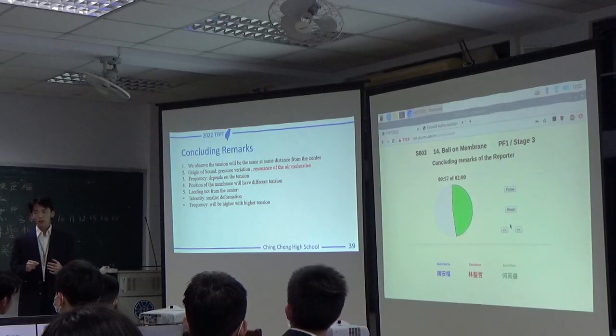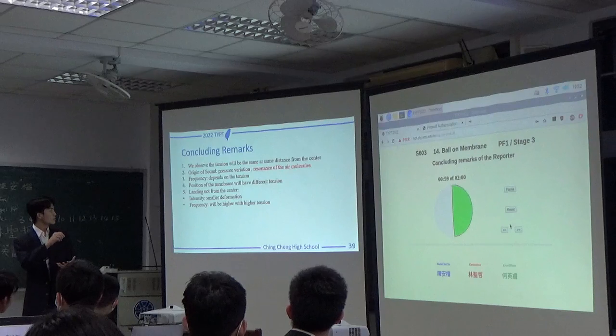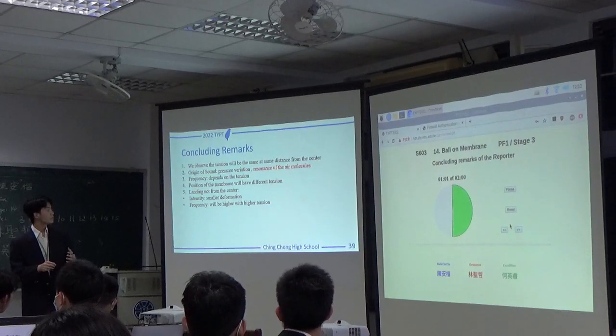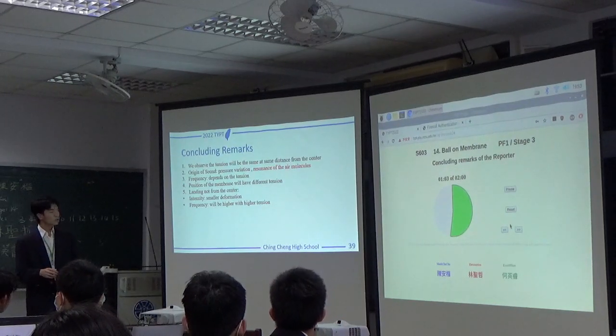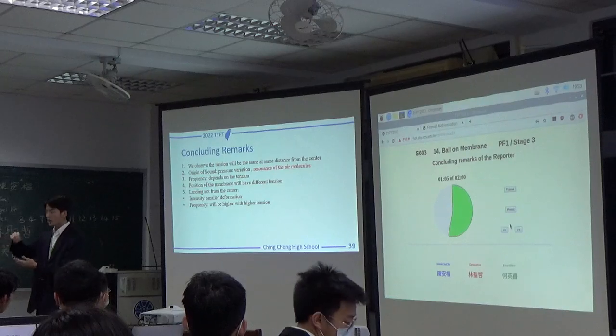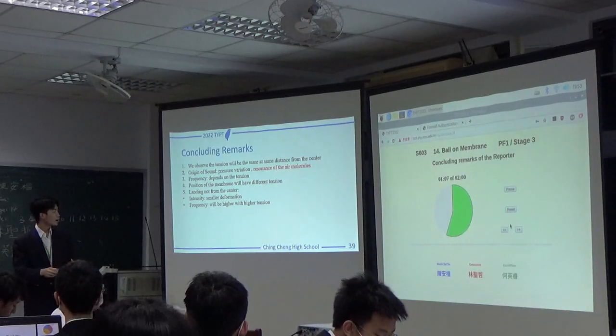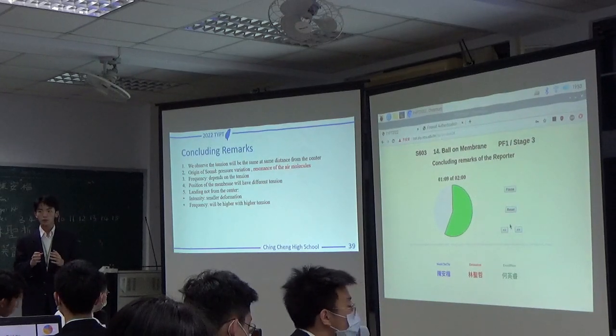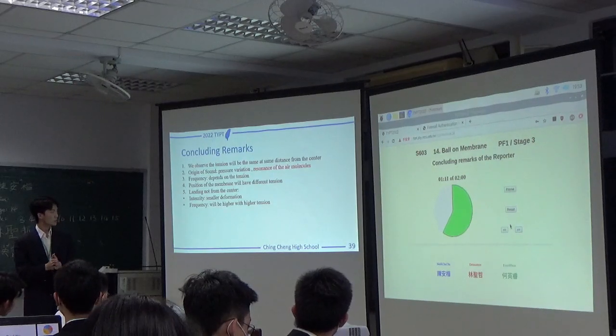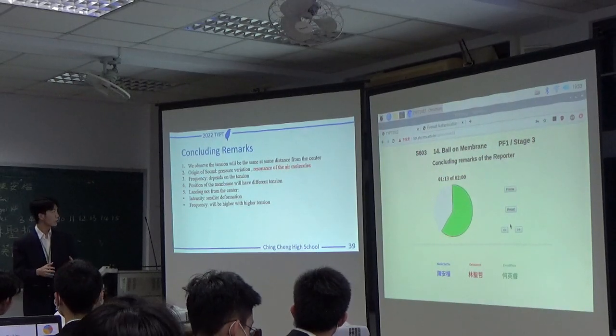And if we did not drop directly at the center, we think that the tension not in the center will be higher, so it will cause a smaller deformation. So it means that it has a smaller sound.